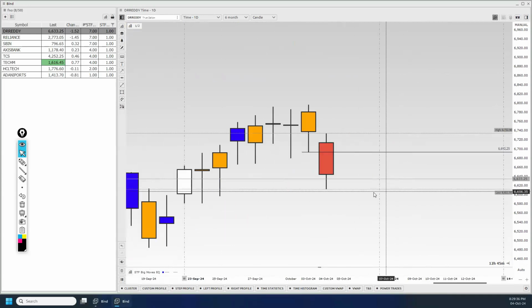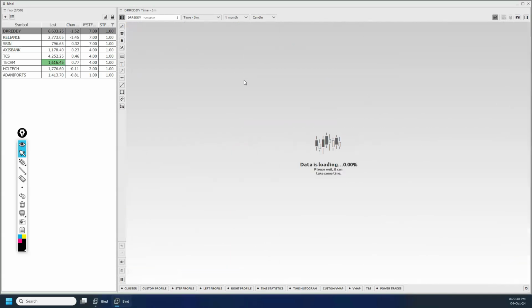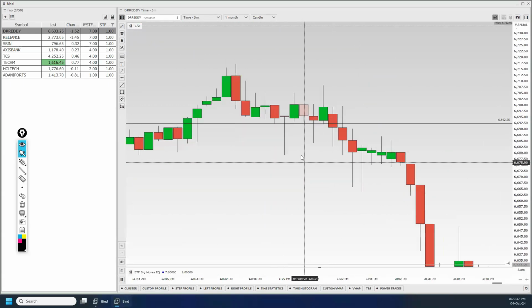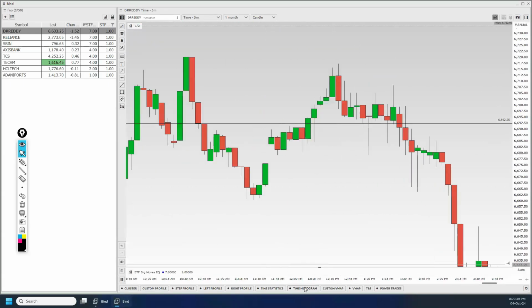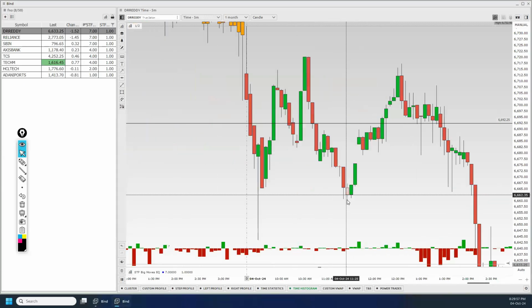If I may be seeing this setup data on a 5-minute time frame, right? And I will activate my delta. I mean, now I'm just trying to help you out, but I didn't teach you this concept, guys. But understand one thing.